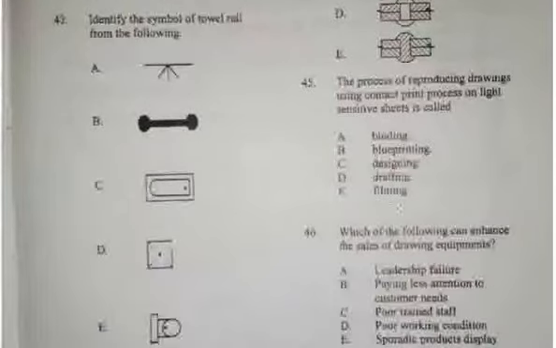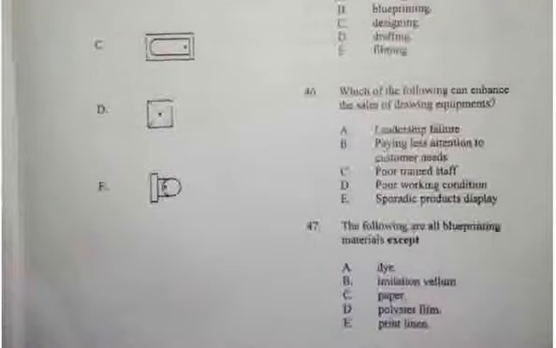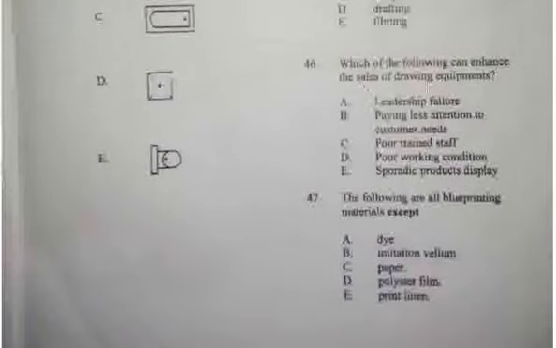So question 45. The process of reproducing drawings using contact print process on light sensitive sheets is called blueprinting. Then question 46. Which of the following can enhance the sale of drawing equipment? So sporadic product display.